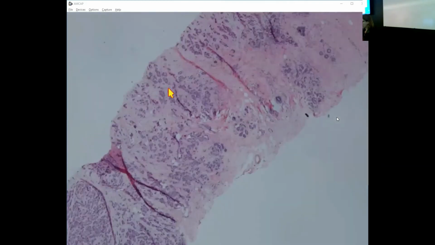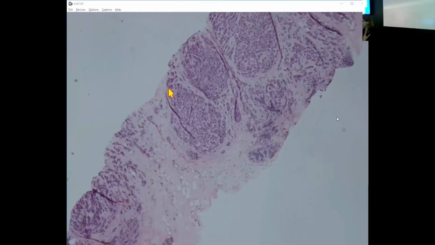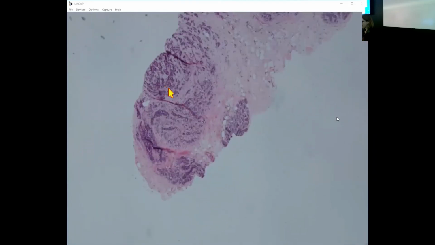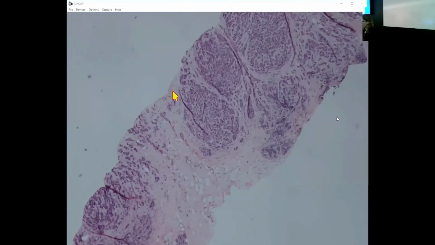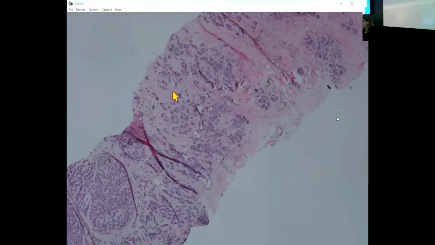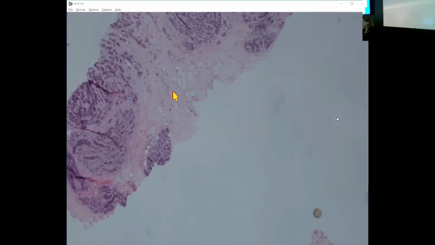But I actually thought on low power this was a tricky case. It was not my case, fortunately. But this area here is not so dissimilar to this area here. I think there's a certain lobular centricity to this particular growth pattern of invasive carcinoma that could be a pitfall on that core biopsy.